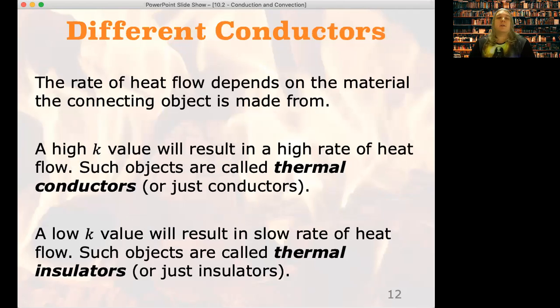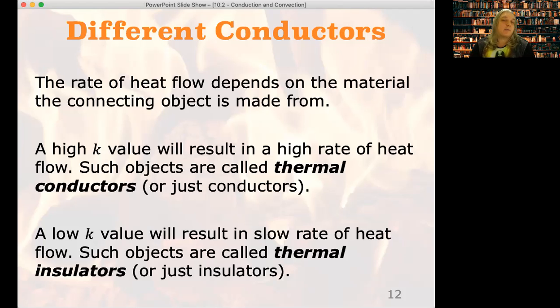The rate of heat flow depends on the material the connecting object is made from. We talked about that earlier on. Depending on what the atom or molecule is that's making up this object, that will determine how efficient it is at passing that energy along. And we defined k, our thermal conductivity, as the value that we assign to the object to determine how quickly that heat flows based on the material.